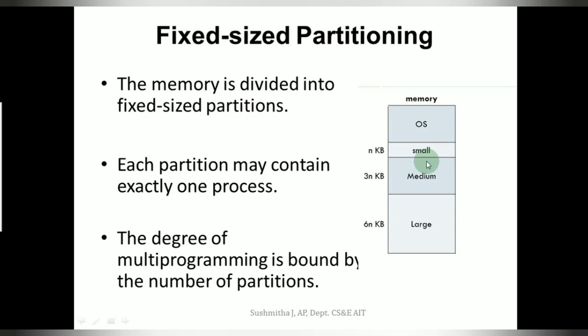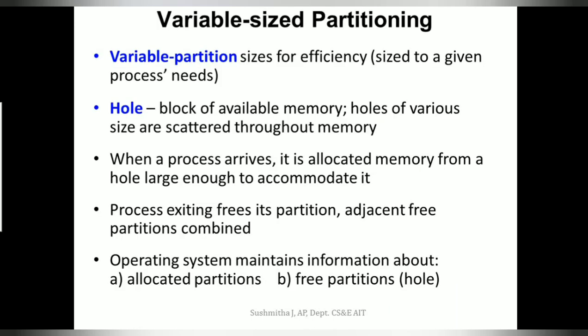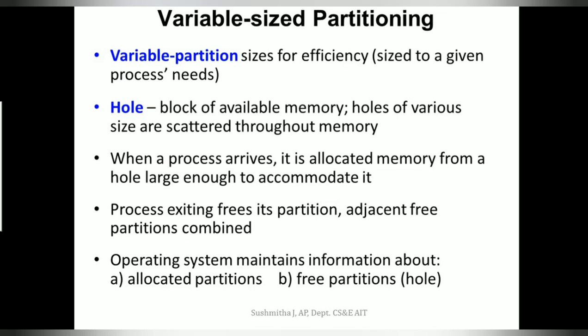So having said about these disadvantages, the next thing that we have is your variable sized partition. Variable sized partition will try to overcome some of the disadvantages that we addressed in fixed size partitioning. So here initially the memory is empty and the partition is made during the runtime according to the process need.